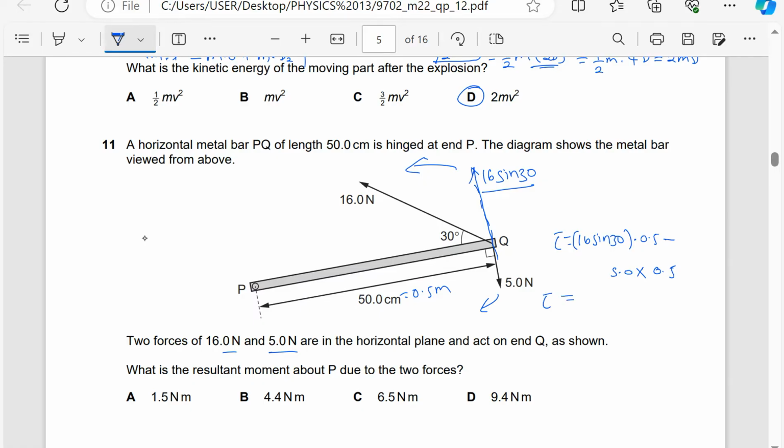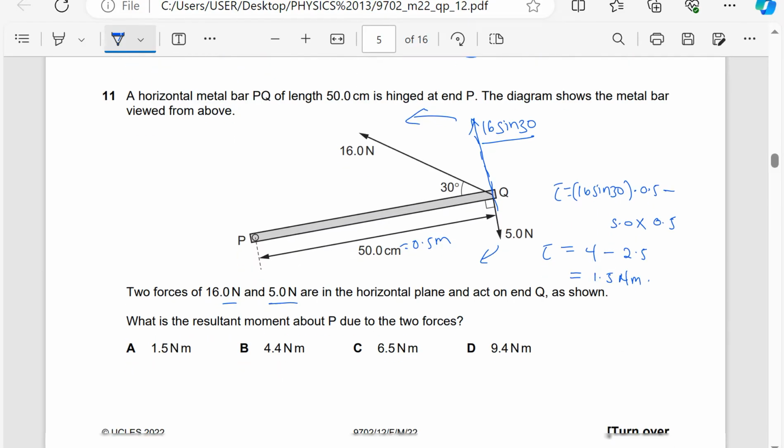So the resultant moment is going to be 16 sine 30, I think that is 8, times 0.5, which is 4, minus 5 times 0.5, which is 2.5. And when you subtract 4 minus 2.5, I think that is 1.5 Newton meters. So the answer here is going to be A.